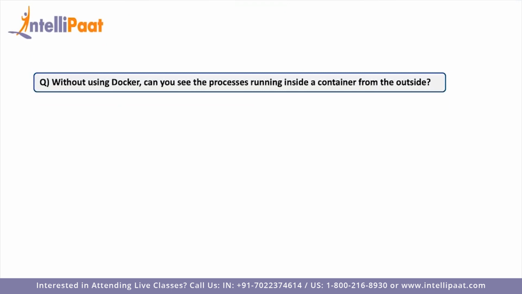Moving forward, the next question says: without using Docker, that is without using Docker to get into a container, can we see the processes that are running inside the container of the Docker container engine?